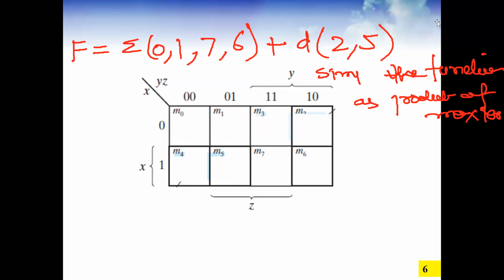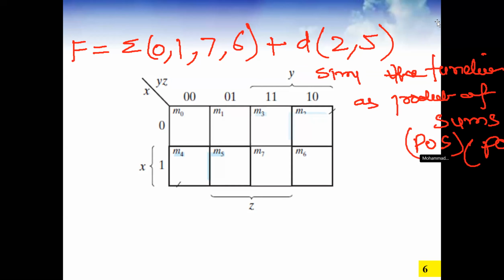Product of sums, that is POS. This is my question. So I have to simplify this in POS, product of sums.